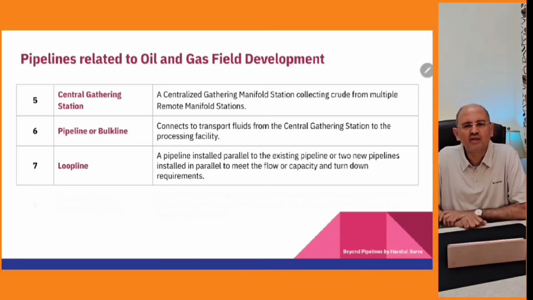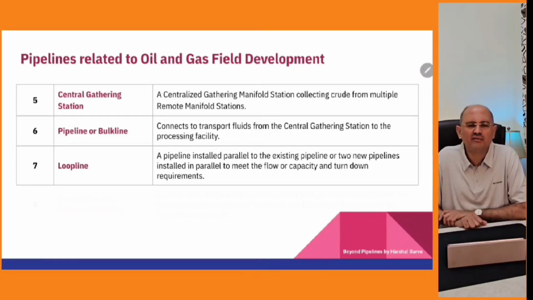So this helps you in dividing your capex investment also, because initially you invest only for a single line, and then as the flow is getting proven, assurance is coming from the field, and more wells are being drilled, after a few years, say 5-6 years down the line, you add one more line which is called a loop line.